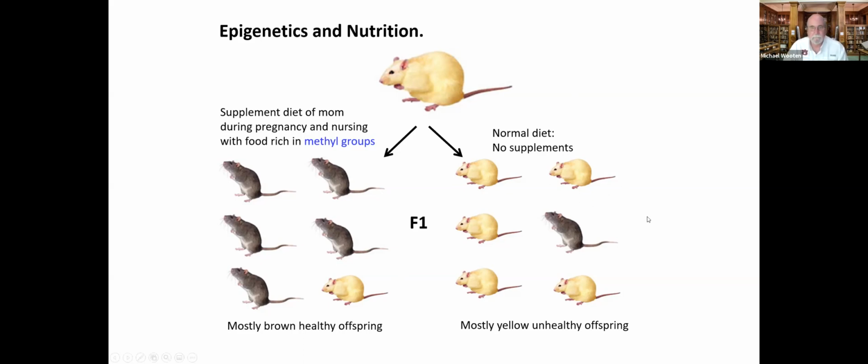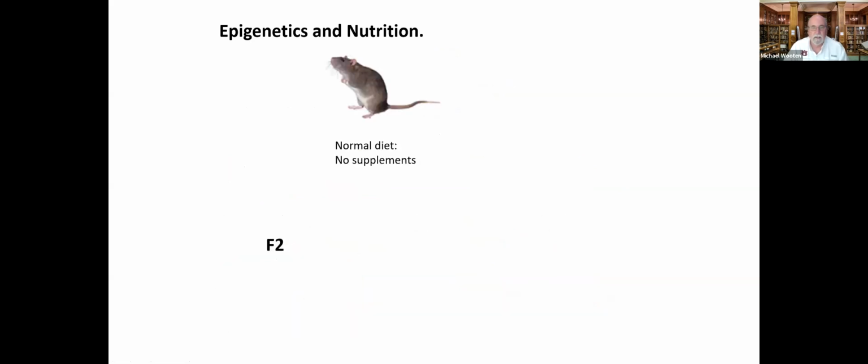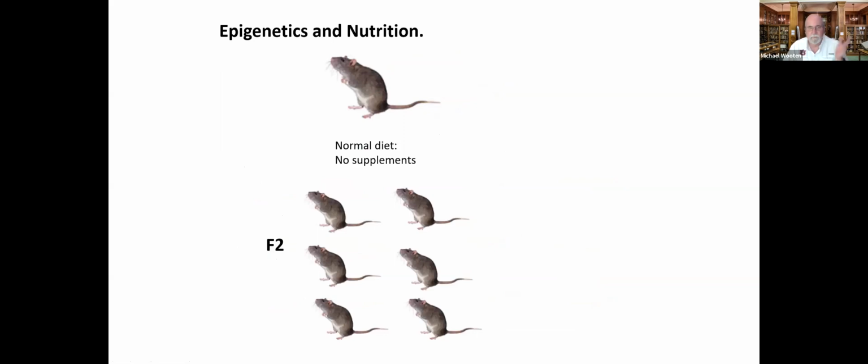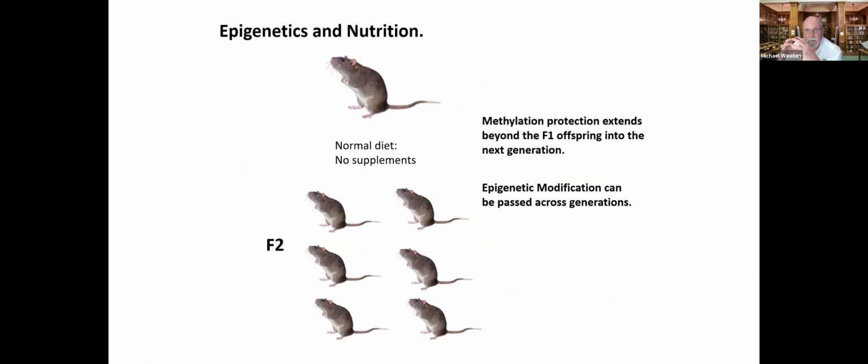Okay? Now, what's really, really interesting about this is that if you take these mice right here, one of these guys that's come from this obese mother, so genetically it's got what its mother's got, and you don't supplement it, you don't give it any methylation groups, it will produce normal offspring. Okay, this is arguing that this modification, this protection, lasts multiple generations.